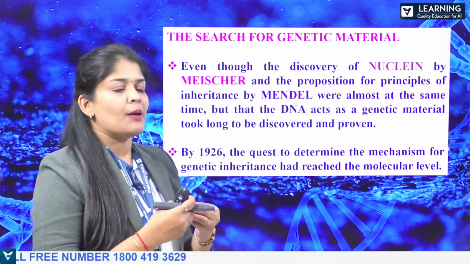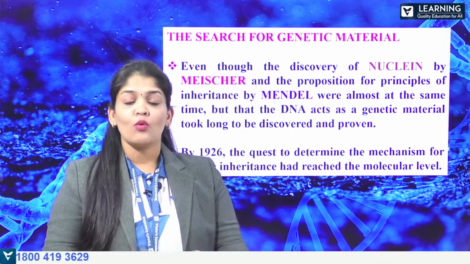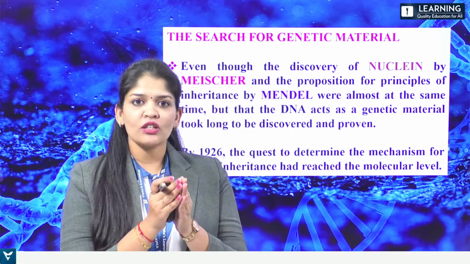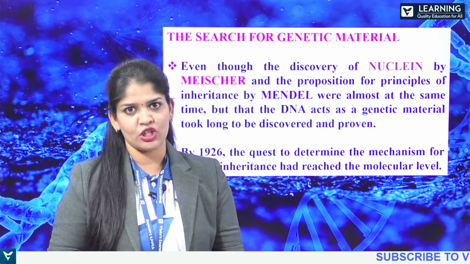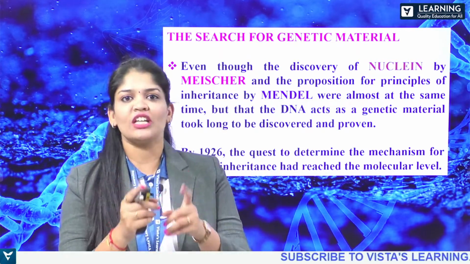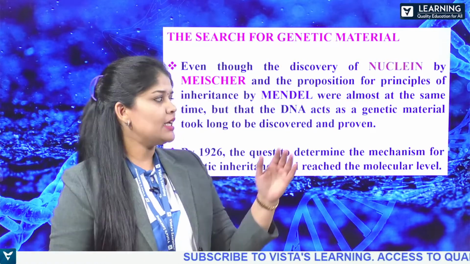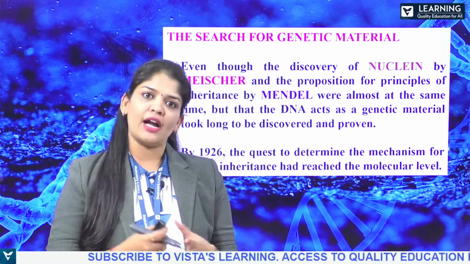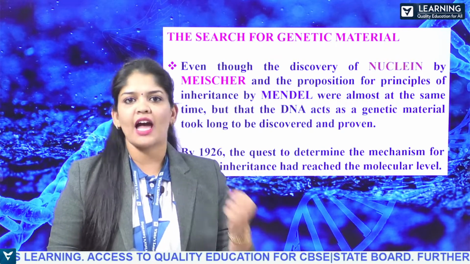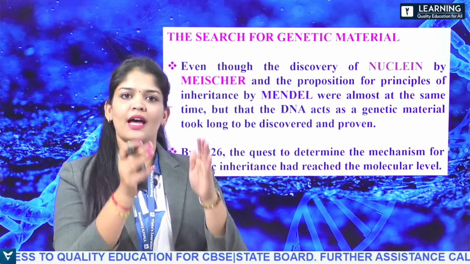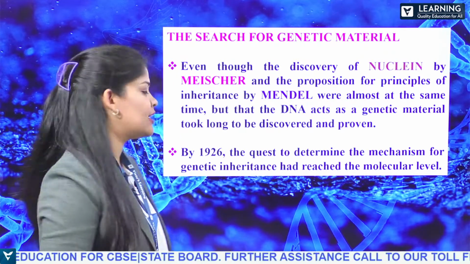By now we understand that whatever characteristics or traits are passed from one generation to another are carried by the genetic material. Today, we are going to understand the biochemical nature of that genetic material, which carries the information to make a whole organism.